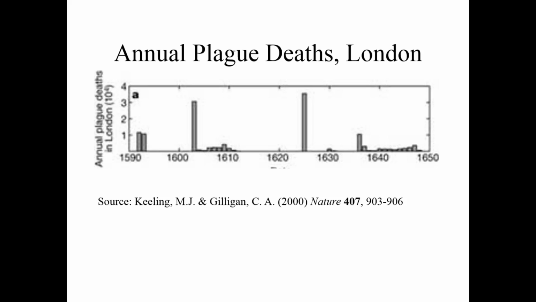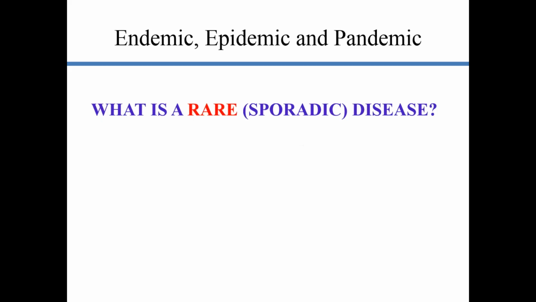So rare is not an absolute term. So what is a rare or sporadic disease? Depends is the answer. There have been definitions, like the United States had a Rare Disease Act which said 200,000 or less. Less than 200,000 cases in the United States is a rare disease. It's arbitrary, though.